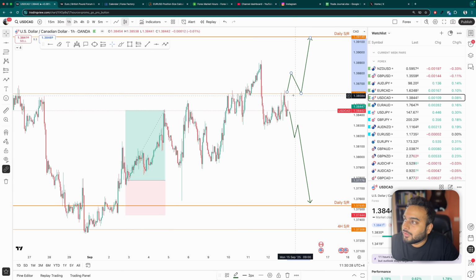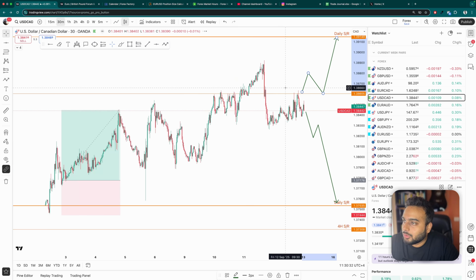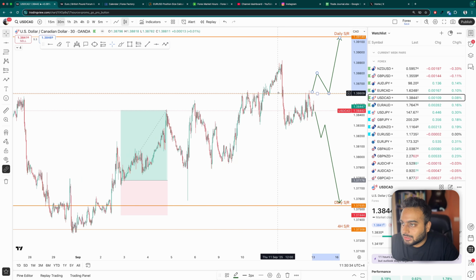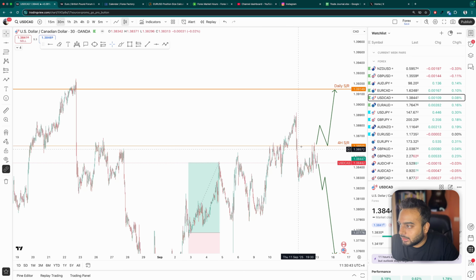So again, I might find a resistance area on a smaller time frame. Like I know this is resistance. Let's mark this. But I want something like around 30 minutes to have a resistance. So you can see this area right here is a liquidity level and a resistance.